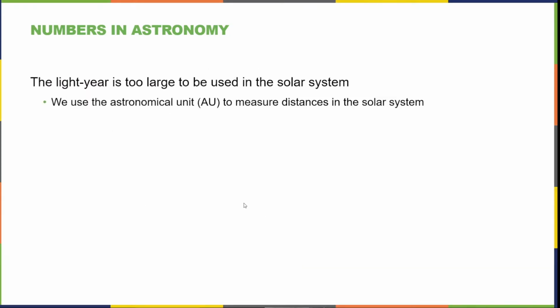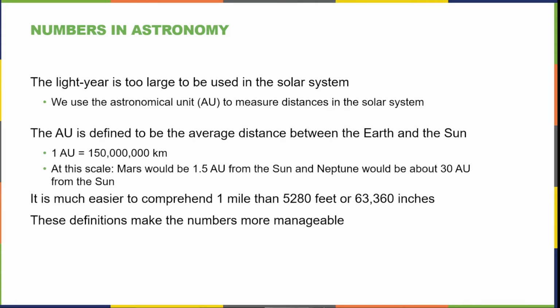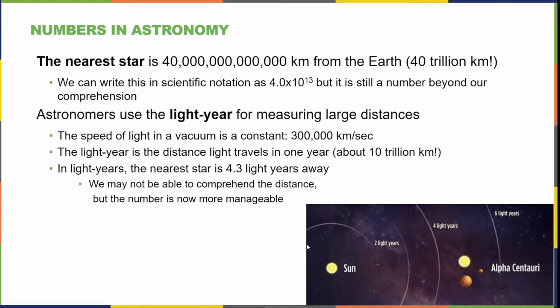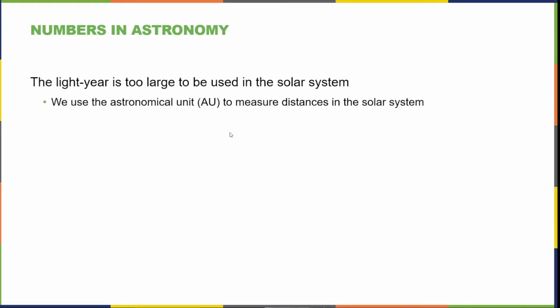And when we talk about distances within the solar system, light years may be too big a number to use. So we use the AU, the astronomical unit. The distance from the Sun to Earth is defined as 1 AU, or 1 astronomical unit.